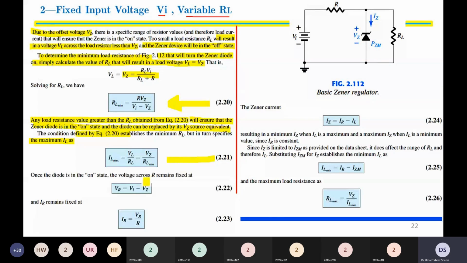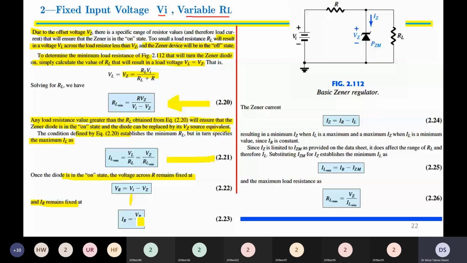And once the diode is in the on state, the voltage across R remains fixed at VR equal to VI minus Vz. Remember that in this condition, we are taking the input voltage to be constant. Therefore, VI is constant and Vz is also constant, and VR will also be constant. And IR, that is the current flowing through R, is fixed at VR divided by R.